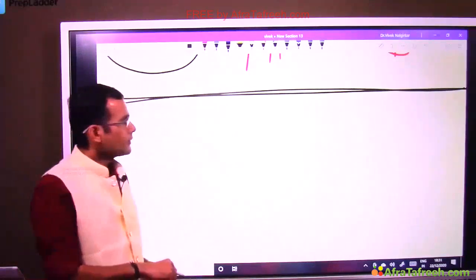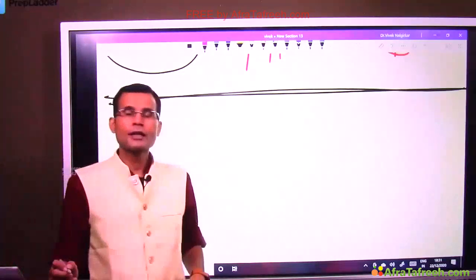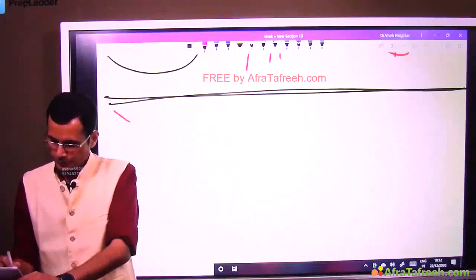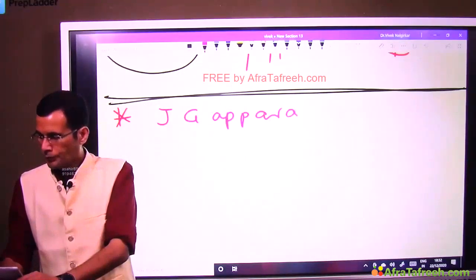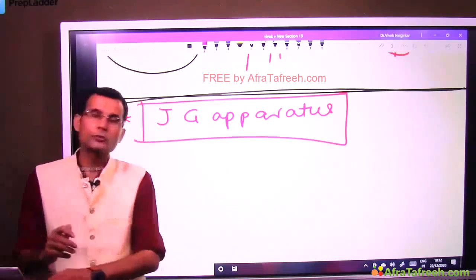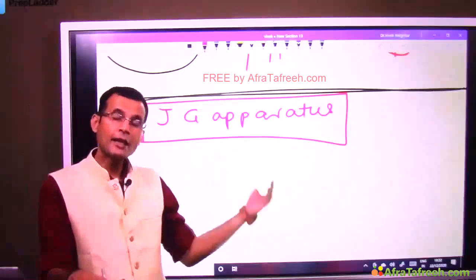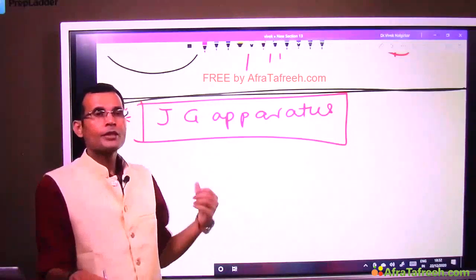Now let's stay with the nephron and let's talk about a part of the nephron, that is JG apparatus. You know, we are slowly moving towards the next pattern. Previously there was AIPGE, All India PG entrance exam. Then there was NEET.